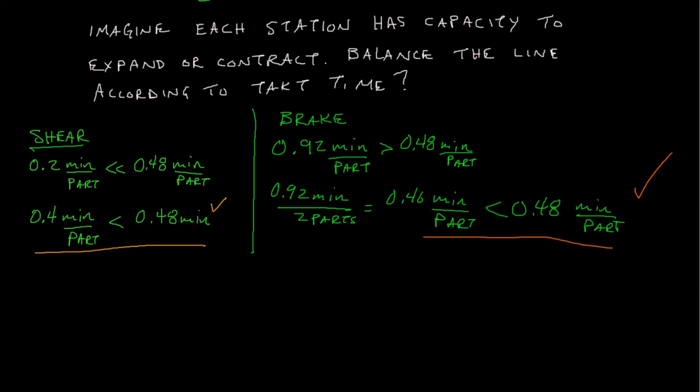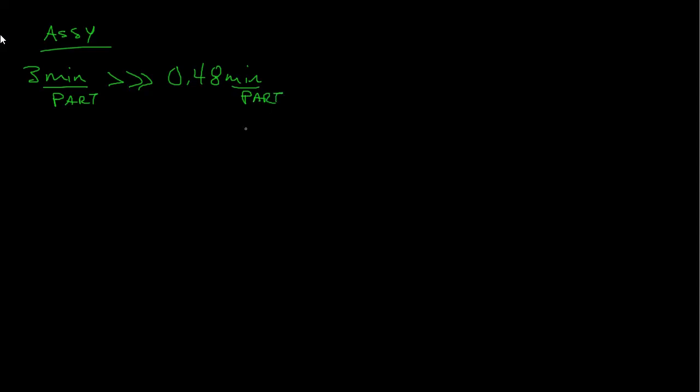Excellent. So assembly, we're making a part every 3 minutes. And that is way over our takt time of 0.48 minutes per part. So instead of just guessing how many stations I need, what I can do is calculate it.